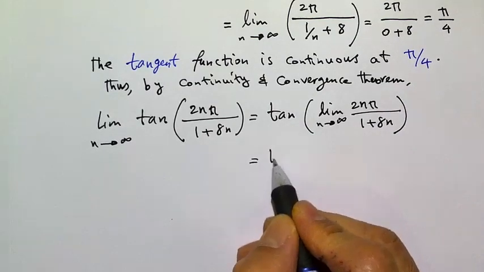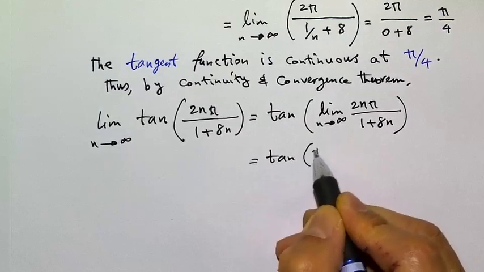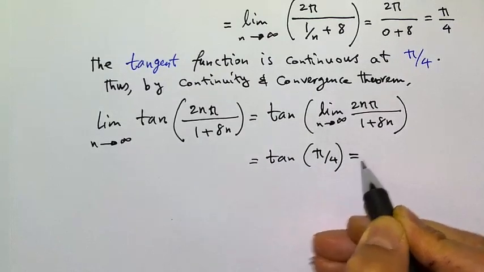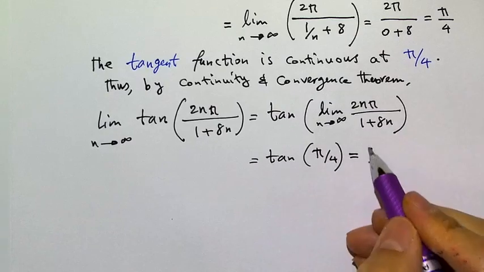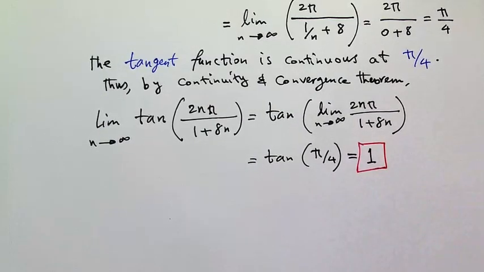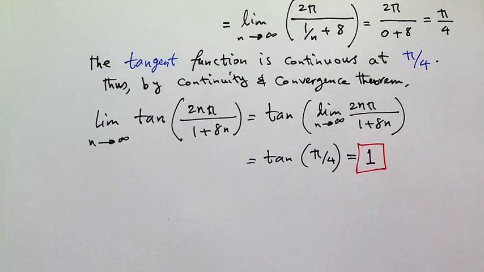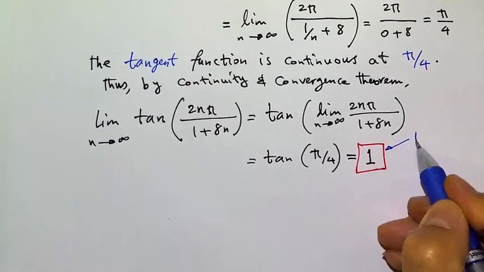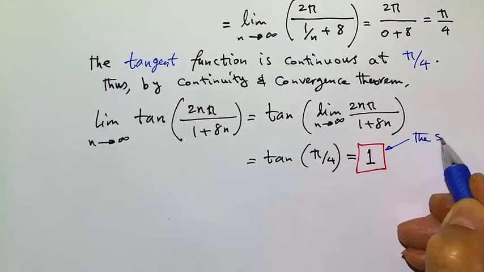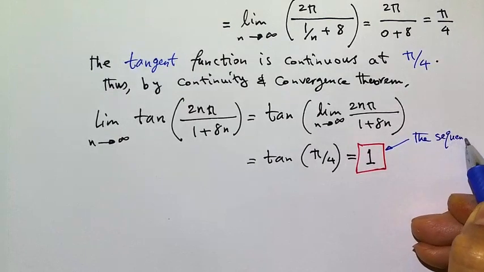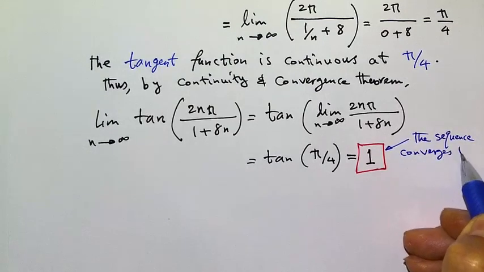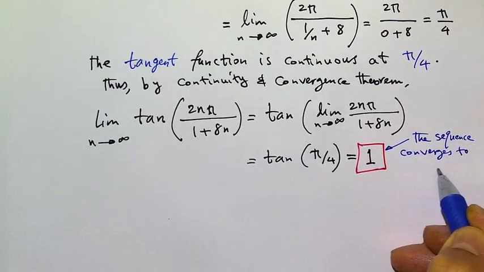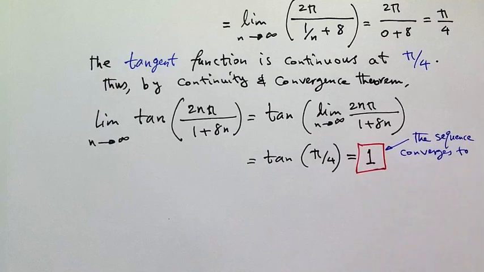So tangent of pi over 4 is equal to 1. So the sequence converges to this.